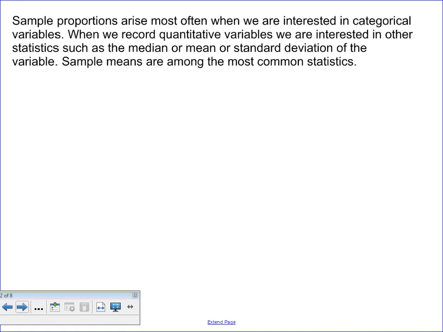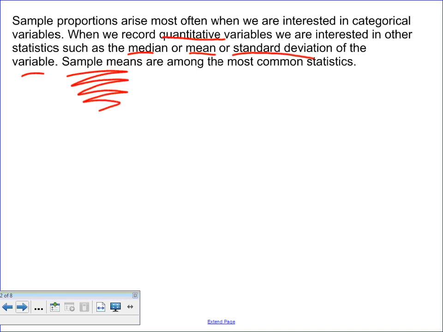If we're looking at quantitative data, remember going back, we're generally interested in statistics such as the median or the mean or the standard deviation of the variable. And the sample mean is going to be one of our most common statistics that we'll ever see, the sample average.